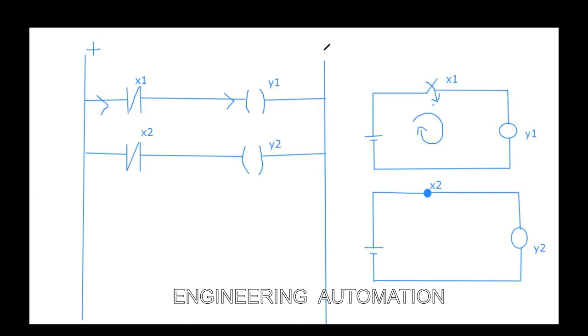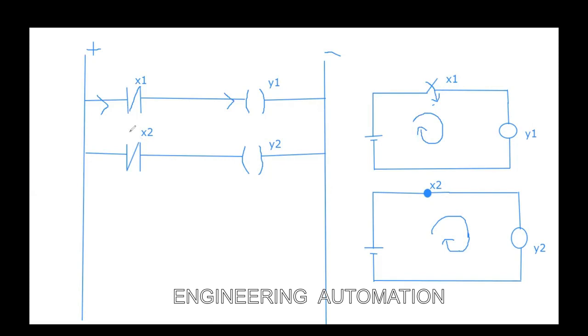Here it is a power rail, no? It is represented as plus and minus here. Fine. And next here is X2, which is a normally closed contact. Initially Y2 will be on. It is depicted here as a circuit, so it initially gets a closed loop. So Y2 is on at the initial stage itself.